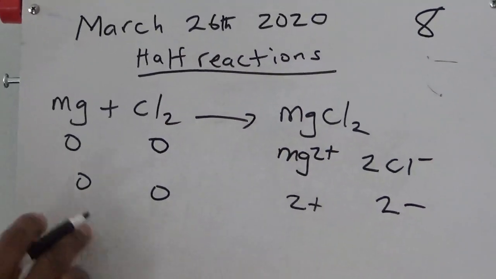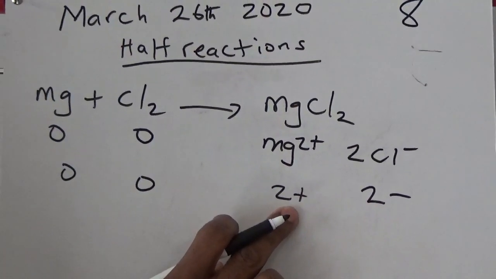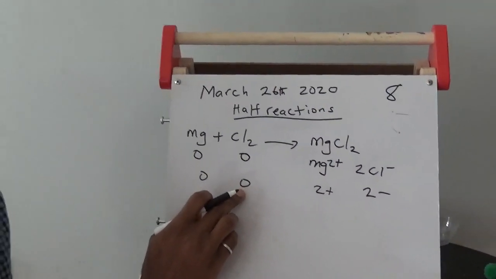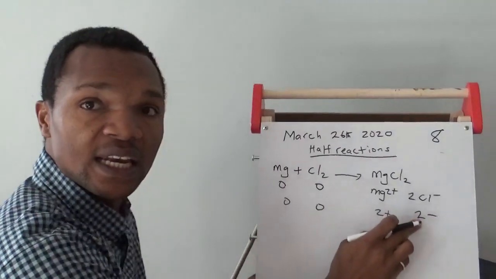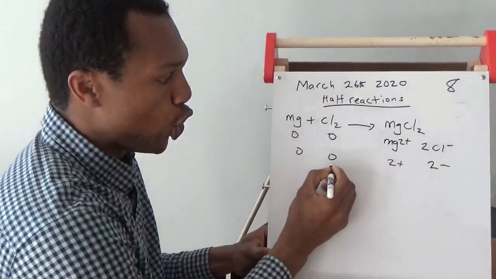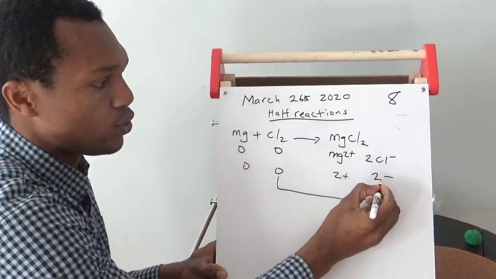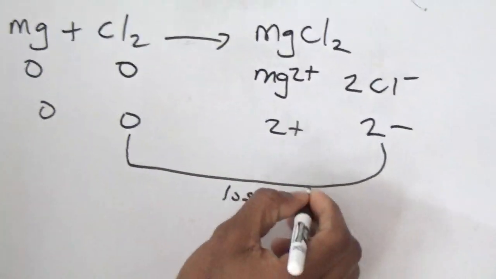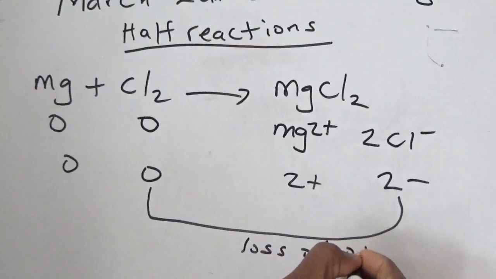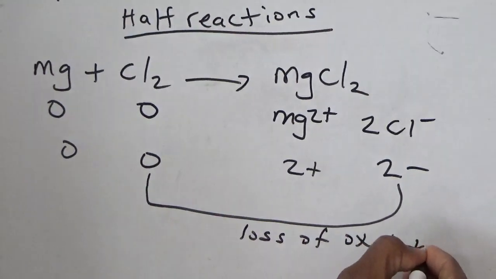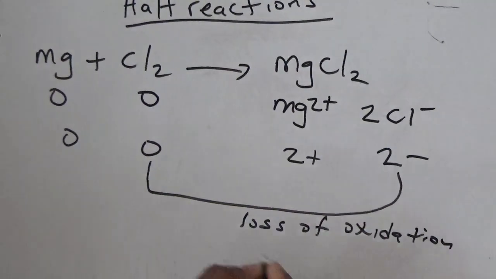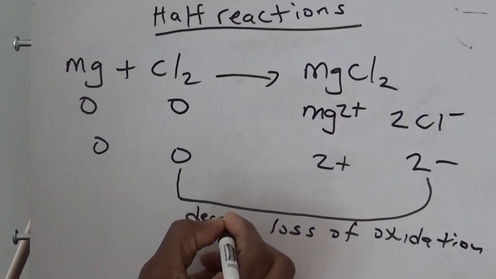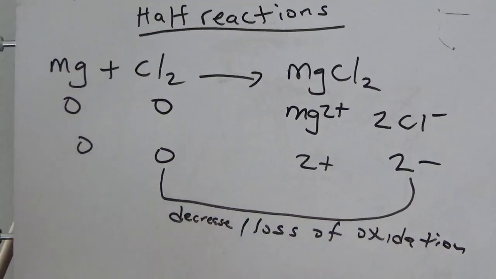Remember that oxidation means an increase in the oxidation number. Reduction means a decrease in the oxidation number. So going from 0 to minus 2 is a decrease or loss in oxidation number.